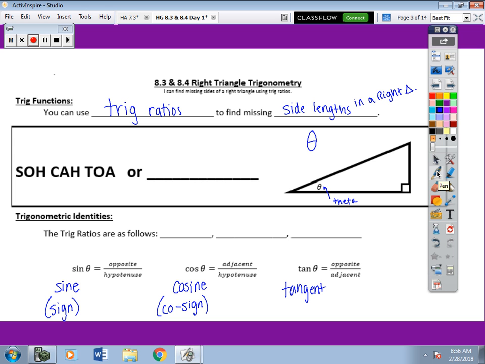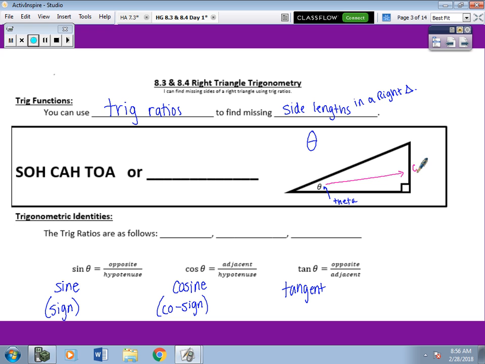All it is, is an acronym to help you memorize what goes with what. Now before we tell you what these letters stand for, let's label them on the triangle. The opposite, adjacent, and hypotenuse are the sides that represent the SOHCAHTOA ratios. They're all in regards to where theta is. The opposite side will be the side that is across from the angle.